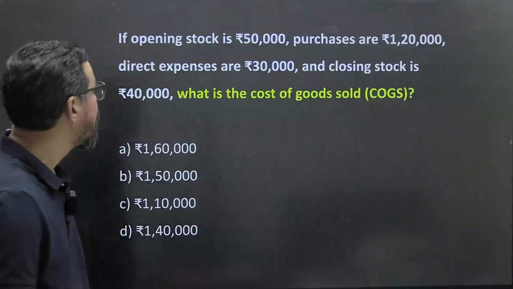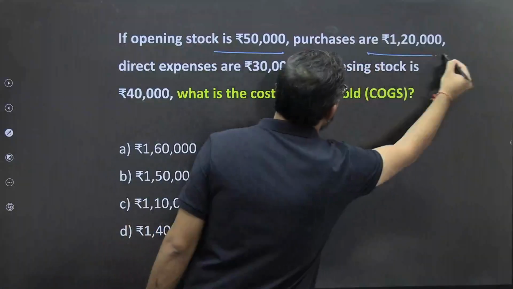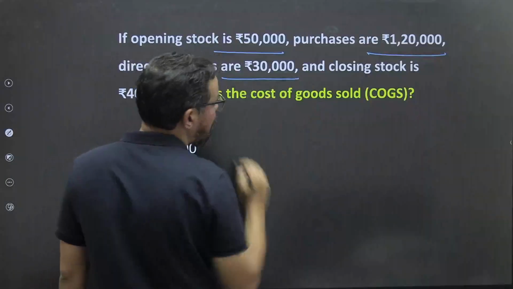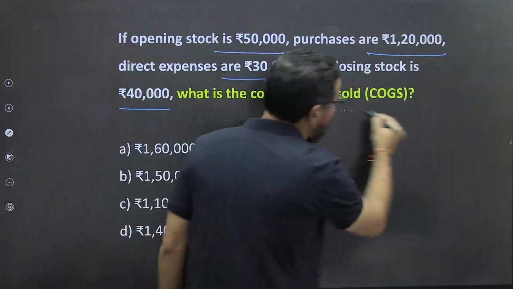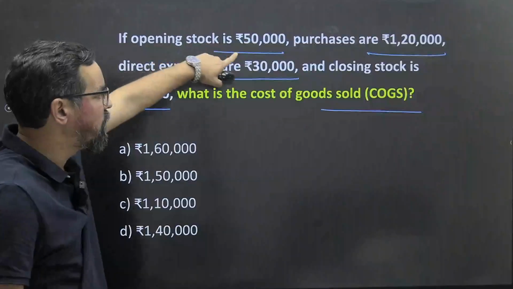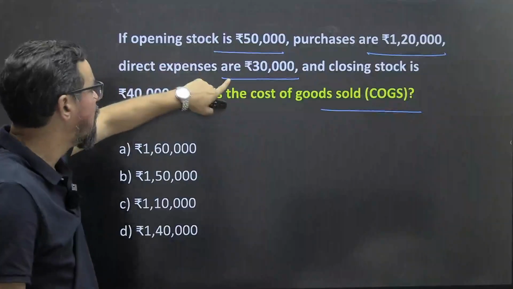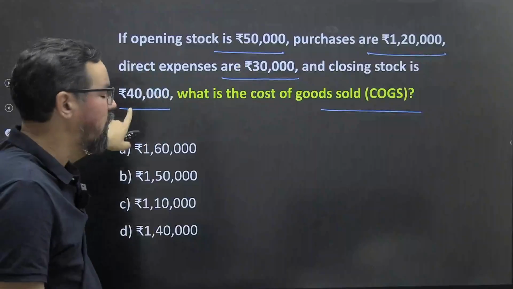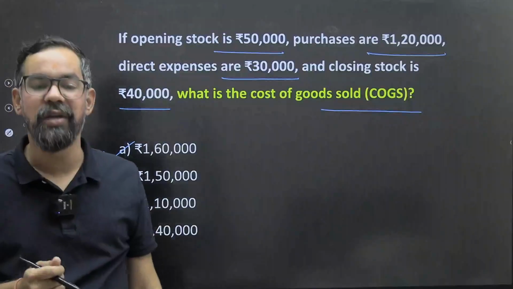Next one. If opening stock is 50,000, purchase is 1,20,000, direct expenses 30,000 and closing stock is 40,000, what will be your cost of goods sold? So opening stock 50,000, purchase 1,20,000, so 1,70,000, plus direct expenses 30,000, so 2 lakh. 2 lakh minus 40,000 is your 1,60,000, and you'll get 1 mark for this particular one.